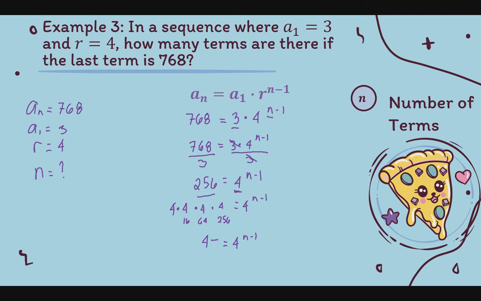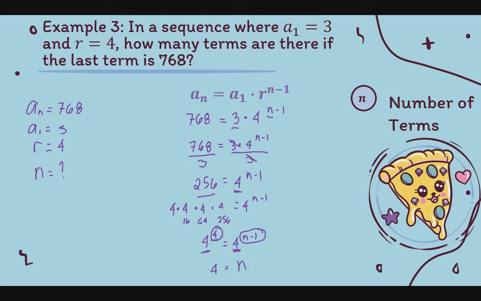Dahil pareho na tayo ng base na 4, ang gagawin natin, ibababa na natin yung 4 tsaka yung n minus 1. Tapos kalimutan na natin tong dalawang base. So, magiging 4, ito na siya, equal to n minus 1.